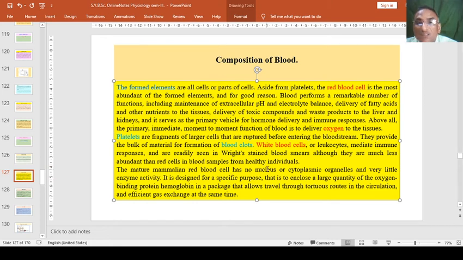So this is about the composition of blood, the working of the blood, and the role of blood cells and platelets.